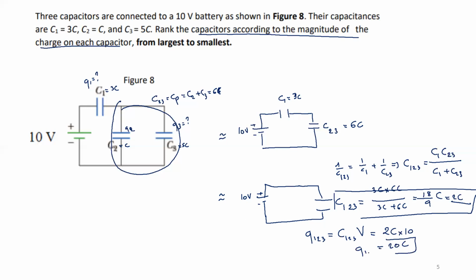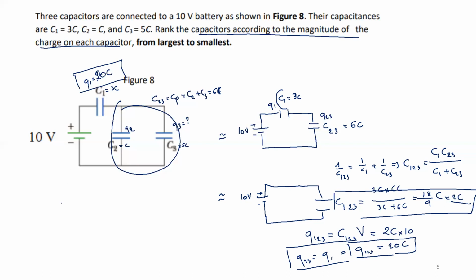Okay, this is Q1,2,3. But Q1,2,3 is equal to what? Of course, Q1,2,3 is equal to Q1, which is equal to Q2,3, because these two, C1 and C2,3, are in series. So the charge accumulated across C1,2,3 is equal to Q1, which is equal to Q2,3. Do you agree with me? Okay, good. So I know Q1. Q1 is just 20C.